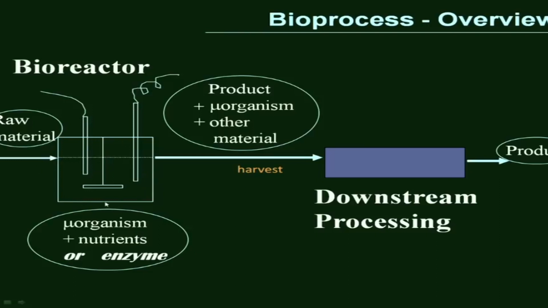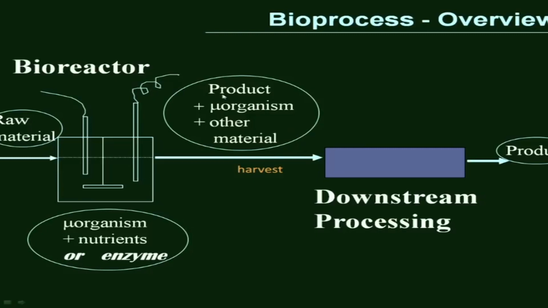So, after this process is done, there are various ways in which the process is done. We will look at the details later. After the process is done, what comes out of the bioreactor, what is harvested from the bioreactor, contains the product of interest, the microorganism, and probably other material.